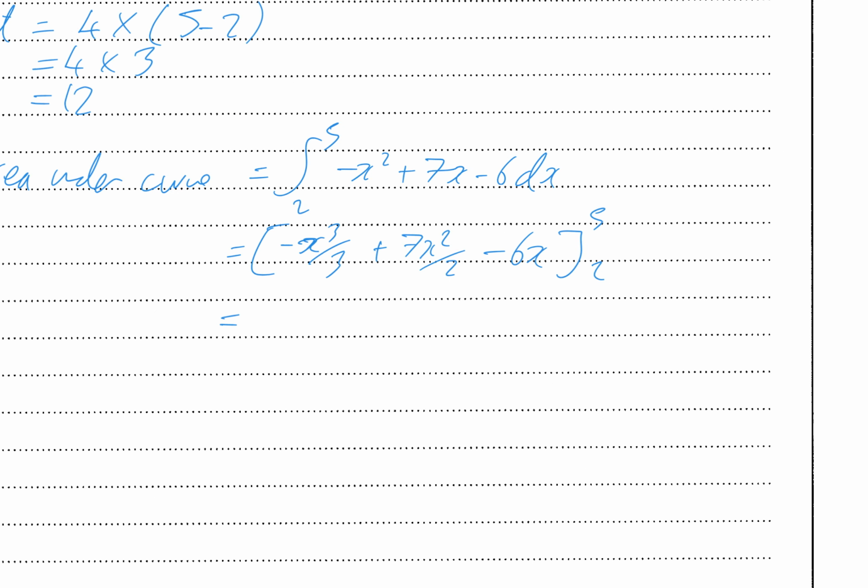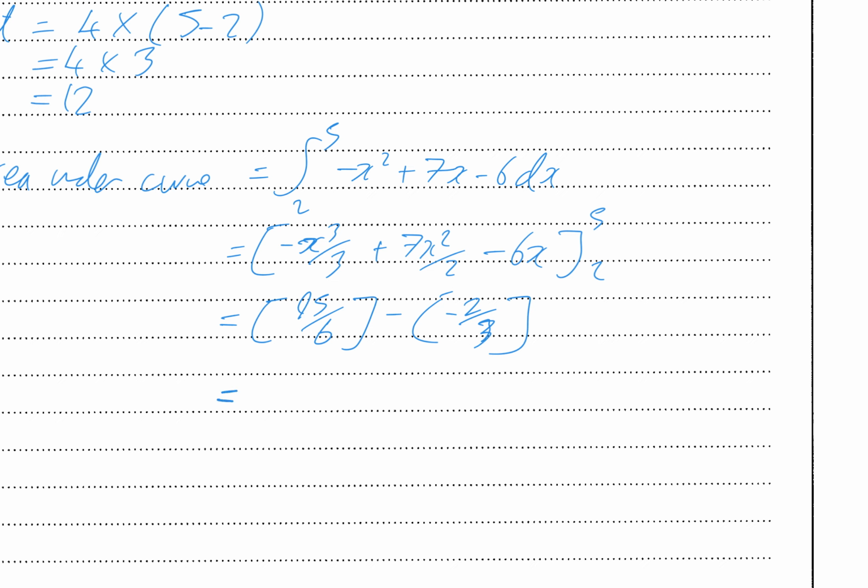And if I do that, what on earth did I get? The first bracket worked out to be 95 over 6. The second bracket worked out to be minus 2 over 3.